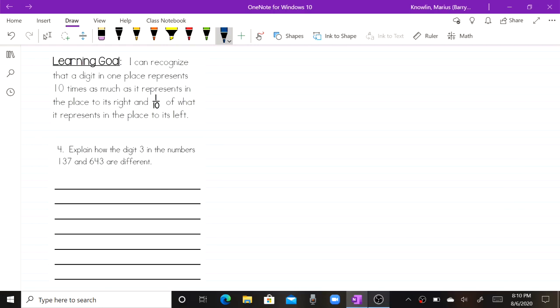Number 4 says explain how the digit 3 in the numbers 137 and 643 are different. Well, first we want to start out by identifying the digit 3 in each of the numbers. This 3 represents 30, while this 3 represents 3. So, what are some things we could say?